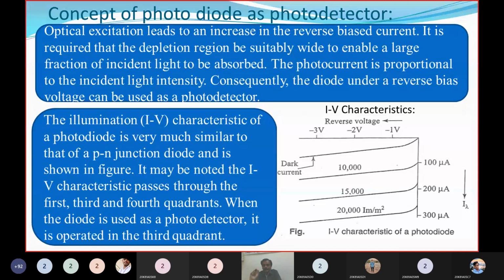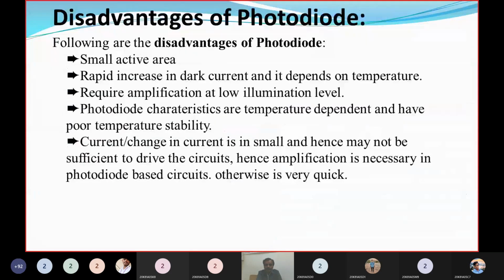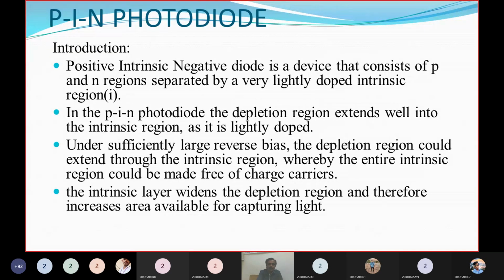So this is a very small current, and by using it we cannot drive the circuit. That's why amplification is necessary in photodiode based circuits. This is about some of the disadvantages.